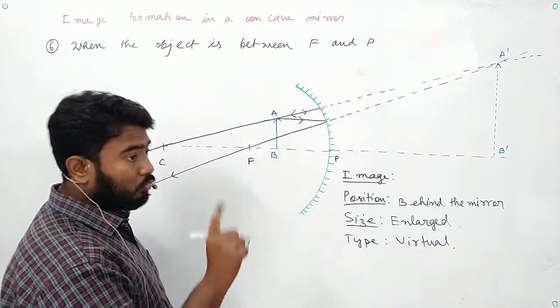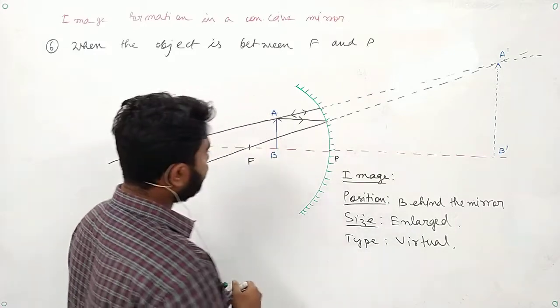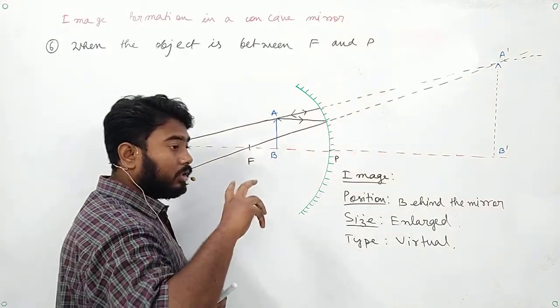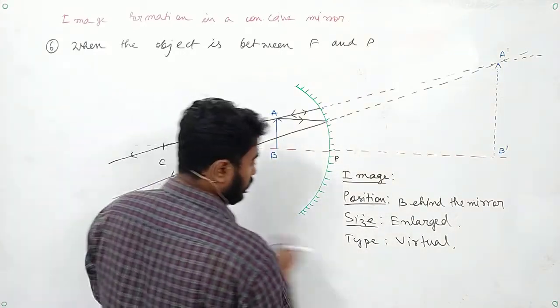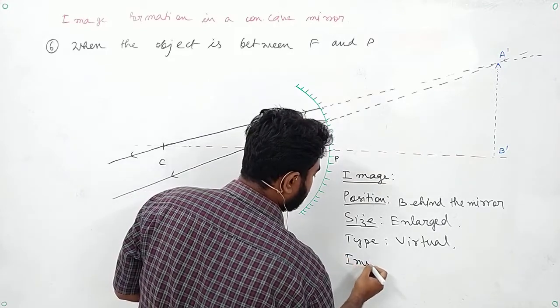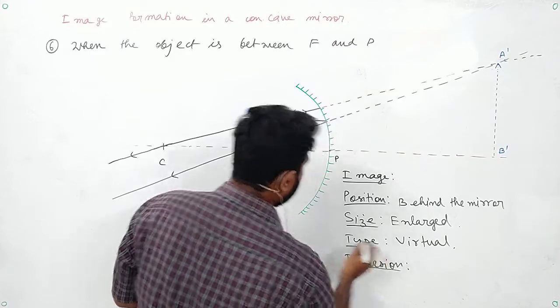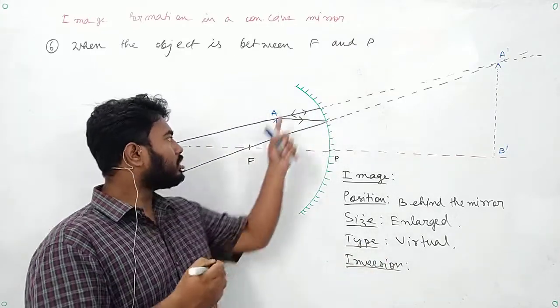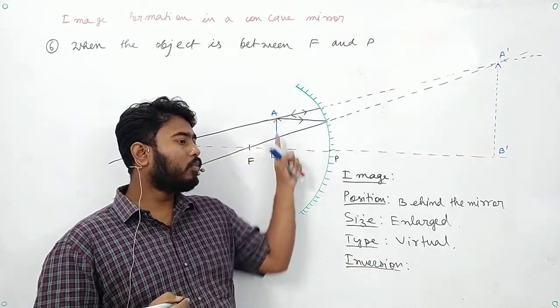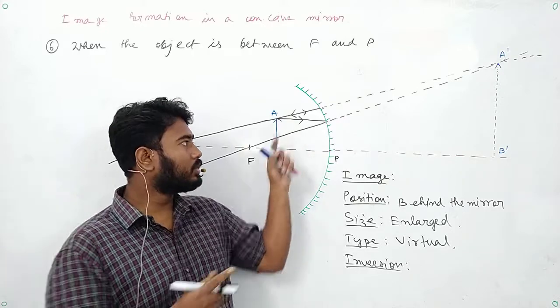Now, one more thing you must take into account: the inversion of image. See, A is at the upward direction, right? This is the object.